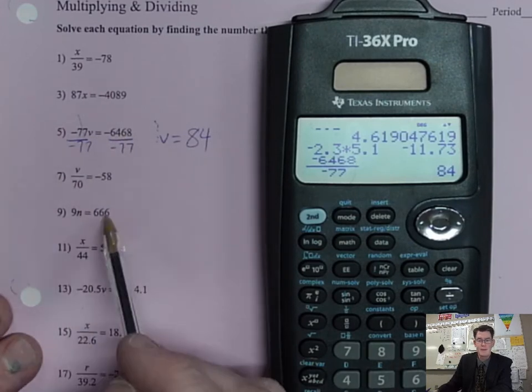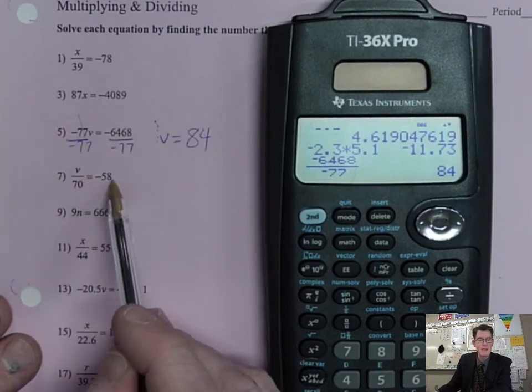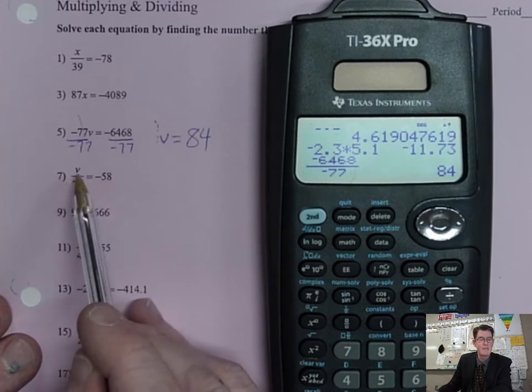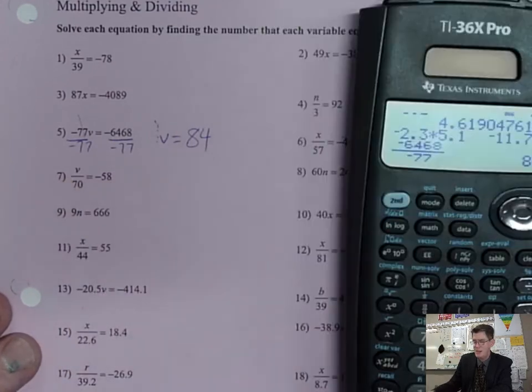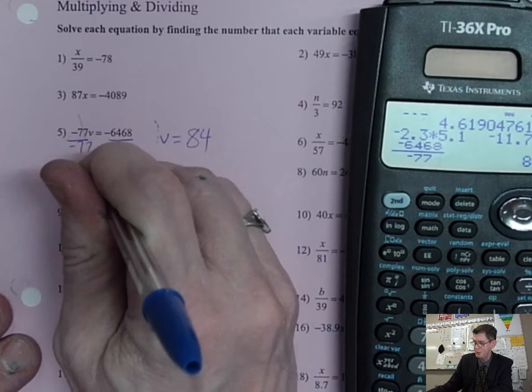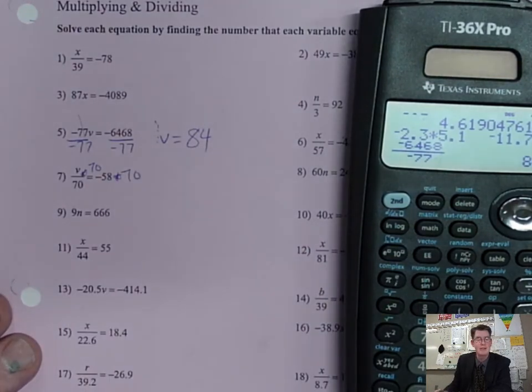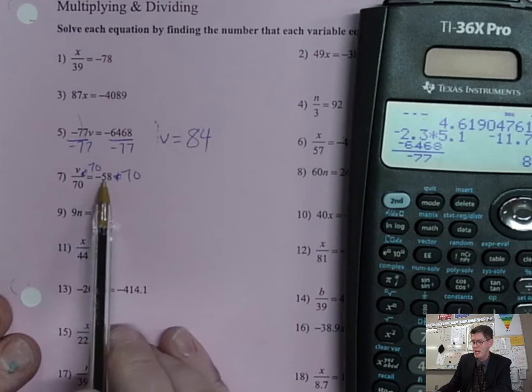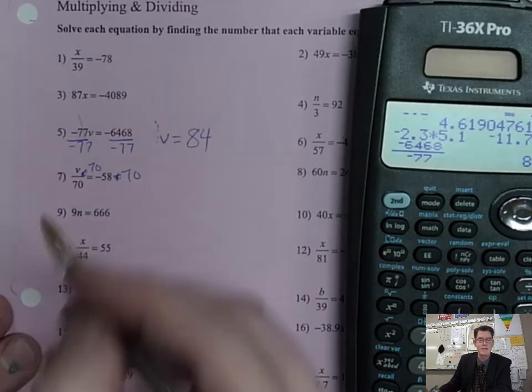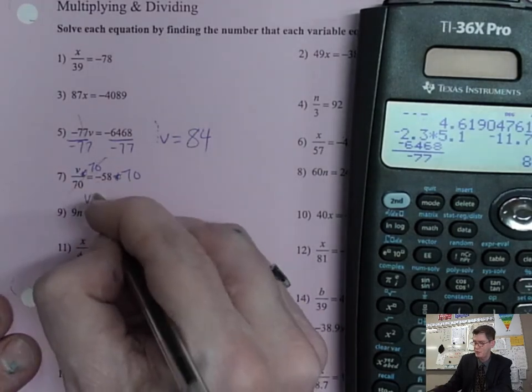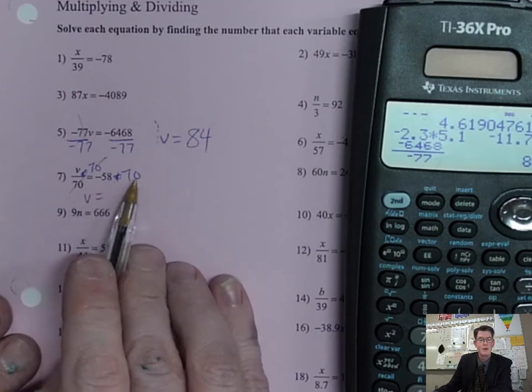Okay, on 7. V divided by 70 is negative 58. So to get the V alone, we undo this divided by 70. So we're going to multiply that by 70 and multiply this by 70. So it's negative 58 times 70. These go to 1, so it's just V equals whatever that is.